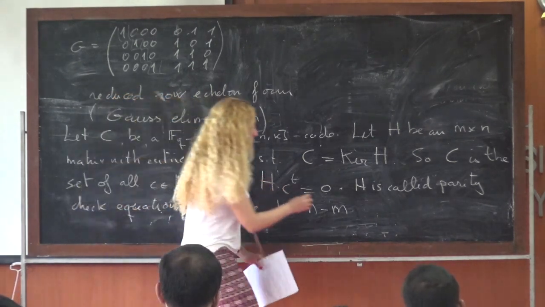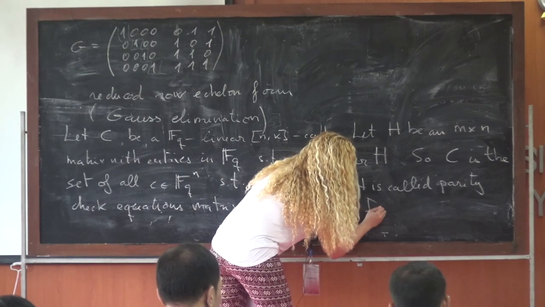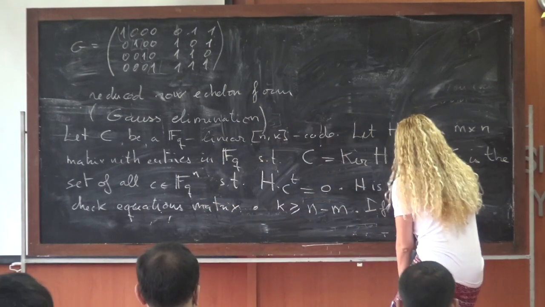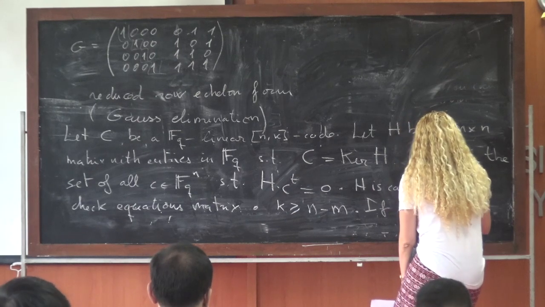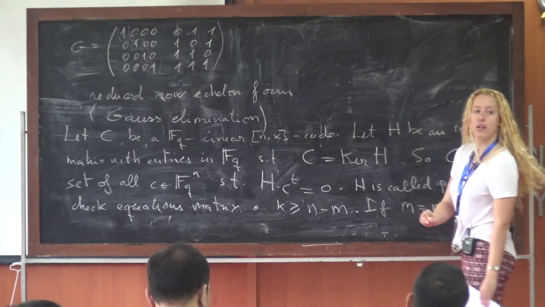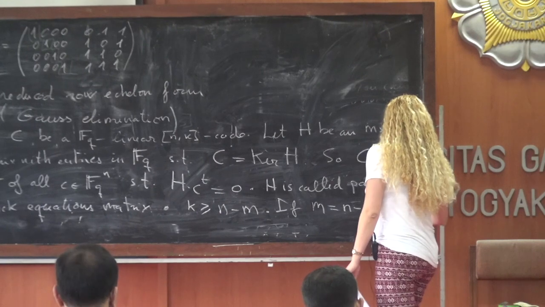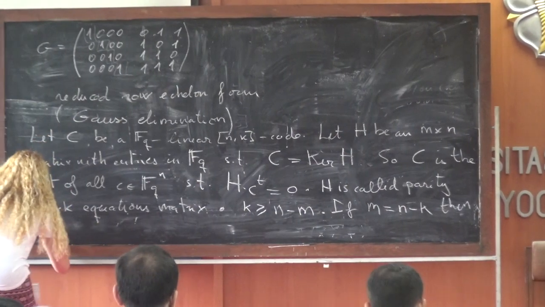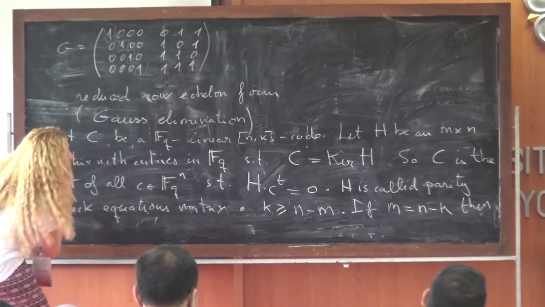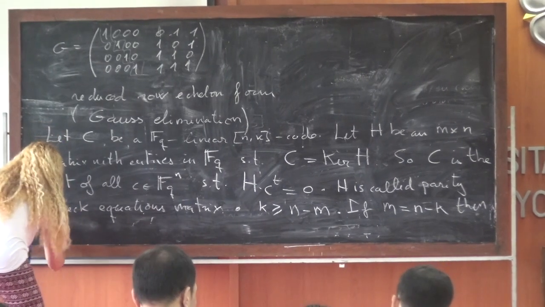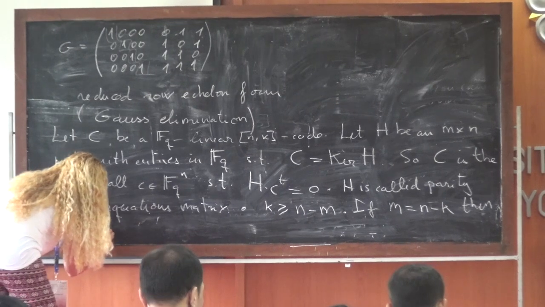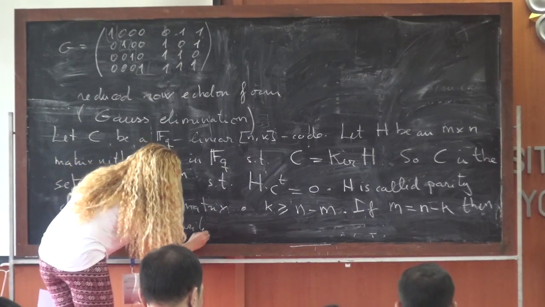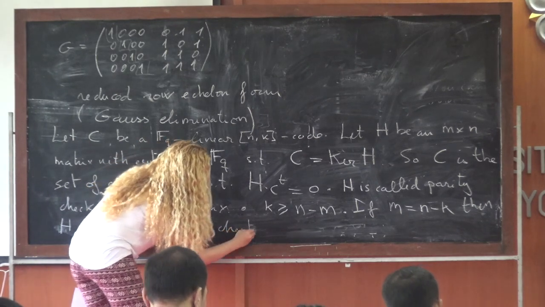Okay? Now, if I get such a matrix H where the equality holds, that is where M is equal to N minus K, okay, then H is called a parity check matrix.